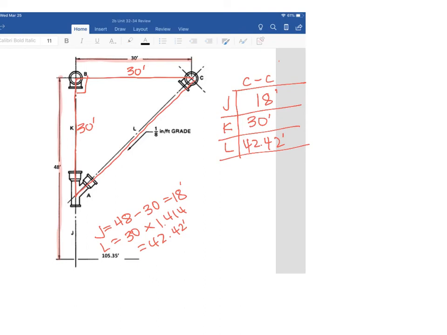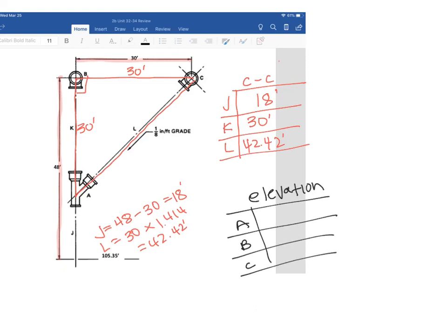Now we need to find the elevations of points A, B, and C. I'm going to do C with you because it's the hardest one, and then I'll let you figure out what A and B are. So elevation. We have points A, B, and C. So for C, you first have to figure out how far you have to go to get there.